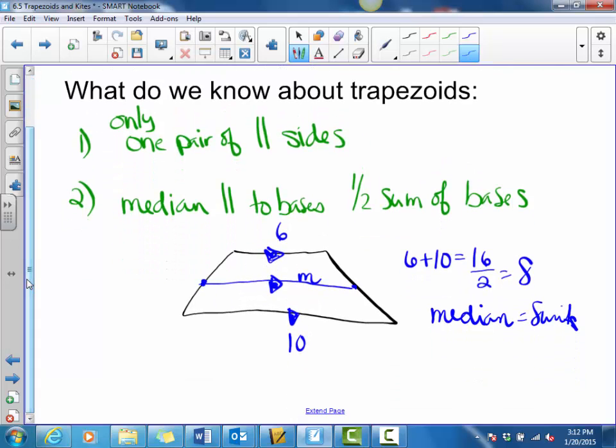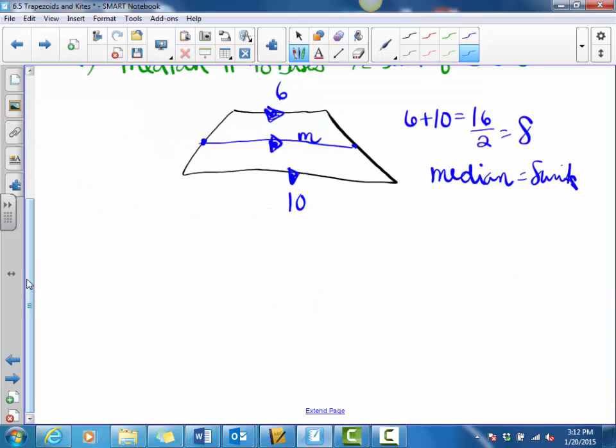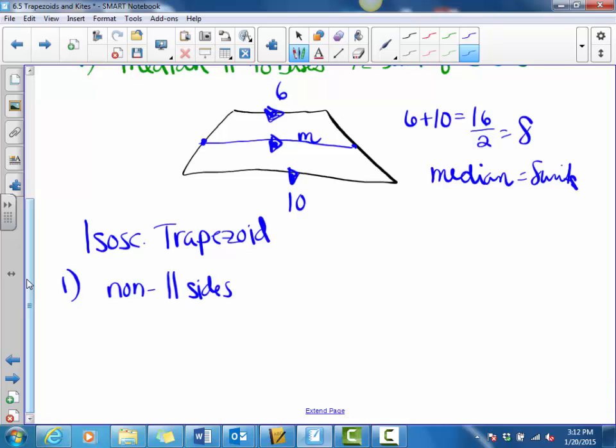That's it for a trapezoid, but what about an isosceles trapezoid? What if we have an isosceles trapezoid? Okay, so still the same features as a trapezoid, but additionally, because it's isosceles, we know that the non-parallel sides, known as legs, are congruent. We know that the base angles are congruent.